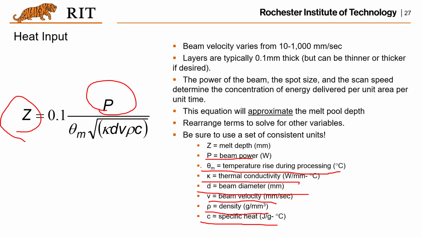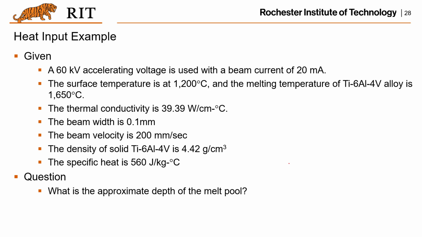Once you know all these values, you just substitute into this equation, and you will have the melt depth. A very important thing before you do the substitution is to be aware of the units. You need to be careful when you do these calculations.